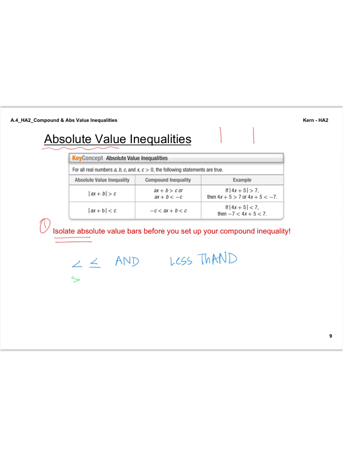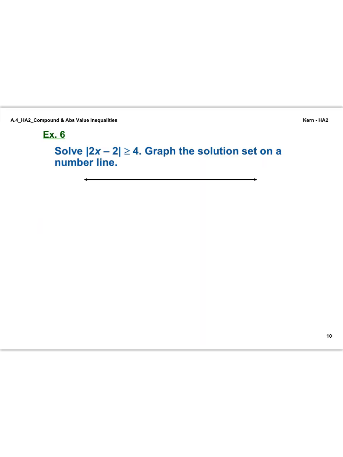If you have a greater than or equal to sign, you set up an OR problem. And the way I remember this is greater, like "greator". So that's your guide to which type of inequality that you have to set up, but don't forget to isolate first. Okay, here we go.